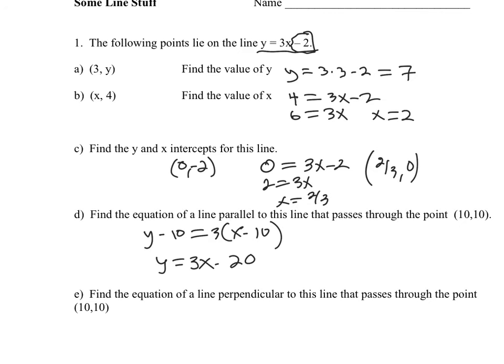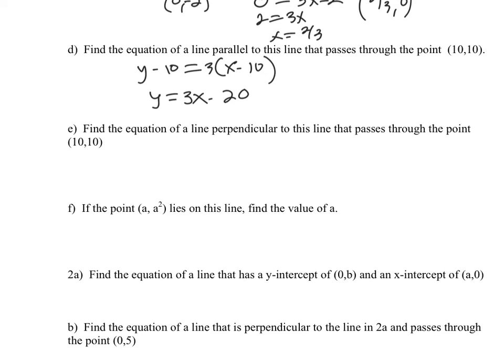The equation of a line perpendicular to this that passes through (10, 10). So now we know that the slope has to be equal to the negative reciprocal of the slope of the original line, which means that m is equal to negative 1/3.